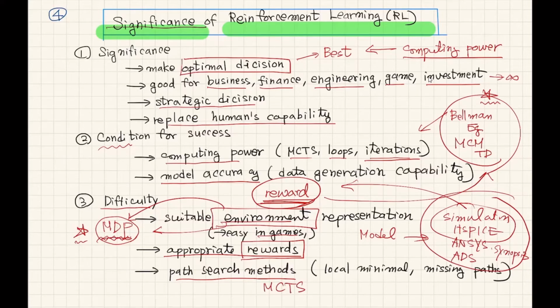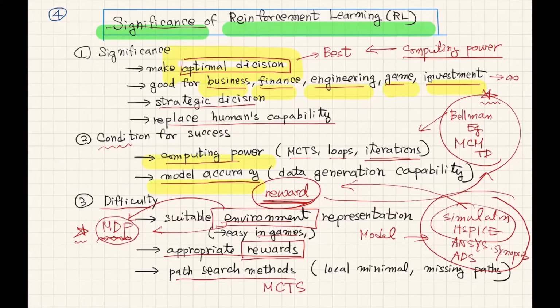Anyway, I would like to emphasize that reinforcement learning is a good way to make the best decision in many areas, such as business, finance, engineering, games, and investment. But an important requirement is that we have to have computing power and model accuracy.